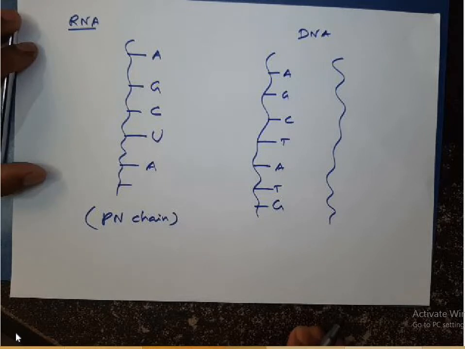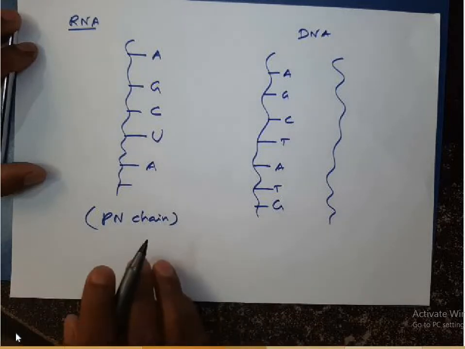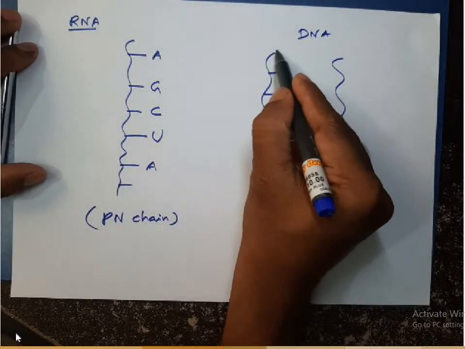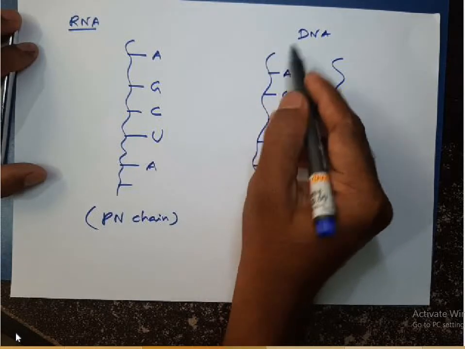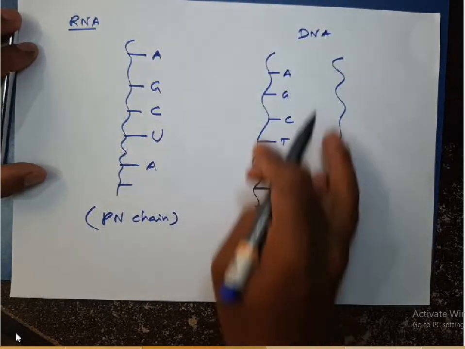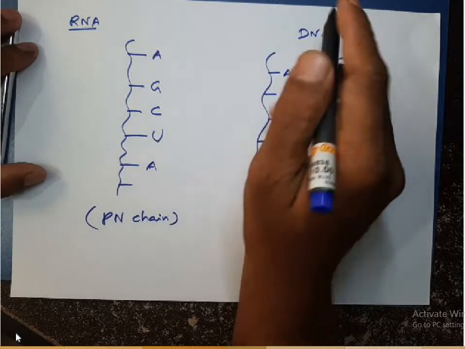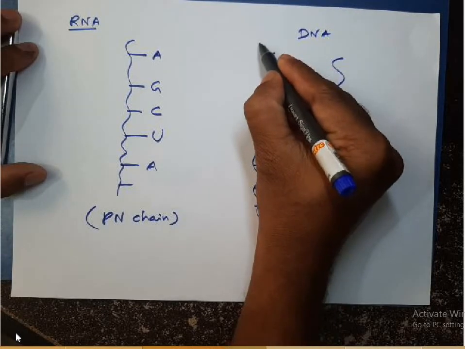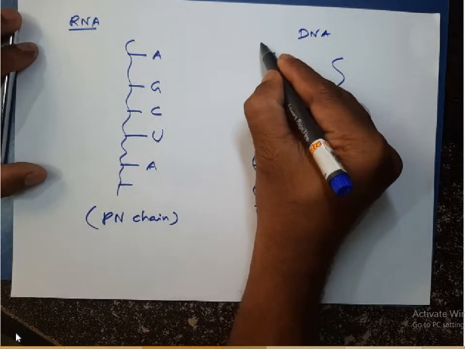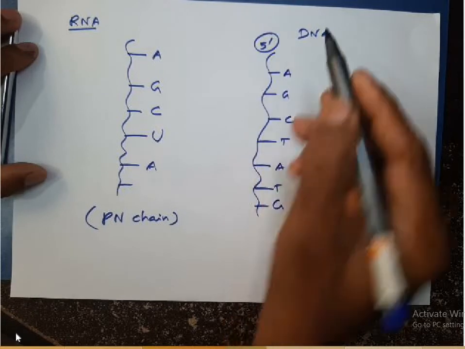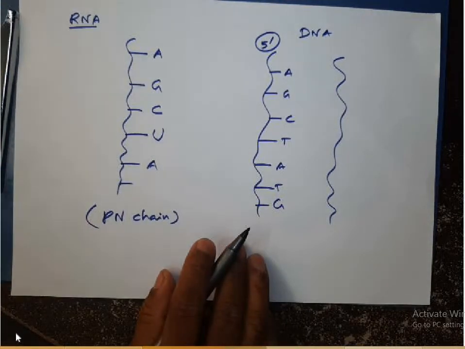But here, which is very, very important, one terminal nucleotide of one chain has a phosphate unit free at 5' carbon. The 5' carbon phosphate unit is present as a free phosphate.